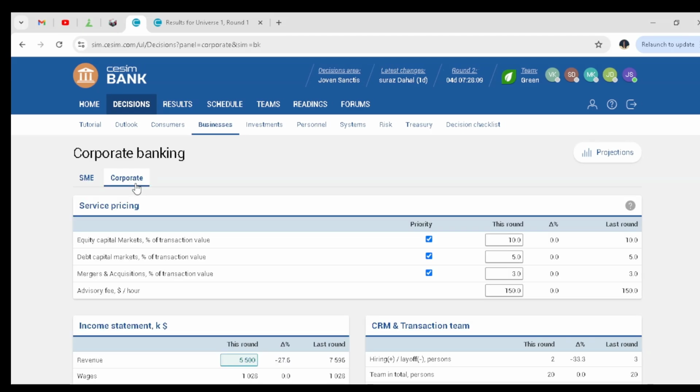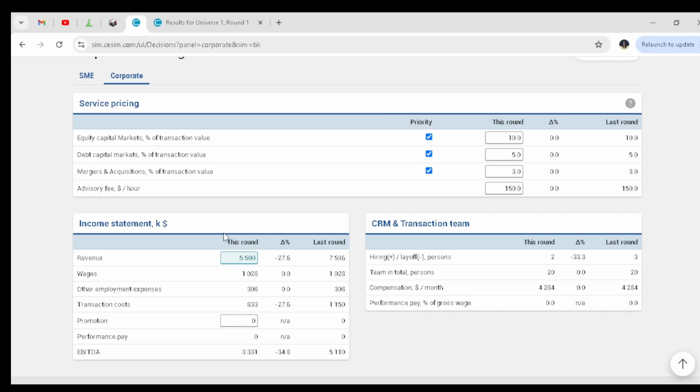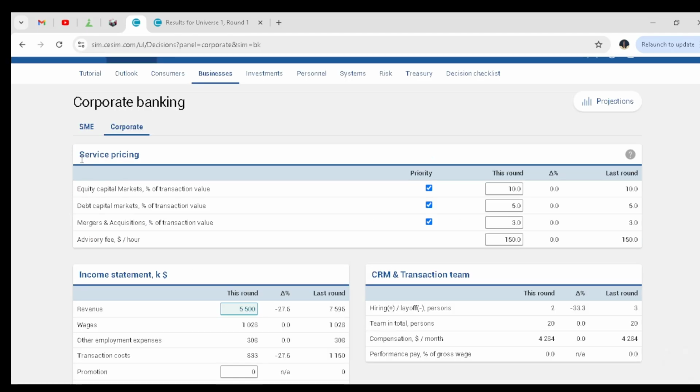Next part about the SME banking is the corporate. And under corporate we are going to maintain it. Remember, we have the service pricing, whereby you have the equity capital markets of transaction value. And for this round, we're going to maintain it at 10. We have the debt capital markets. We're going to maintain it at 5, just like the last round. And lastly, for the mergers and acquisitions of the transaction value, we're going to maintain it at 3.